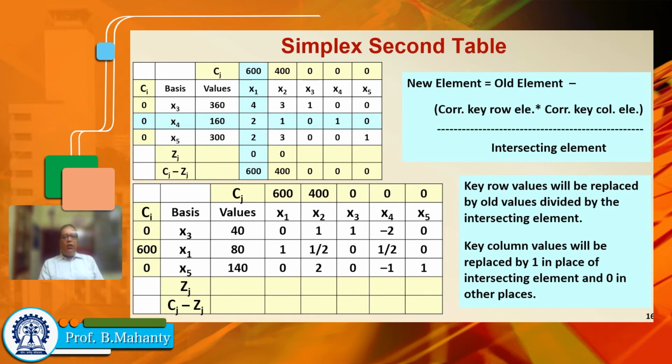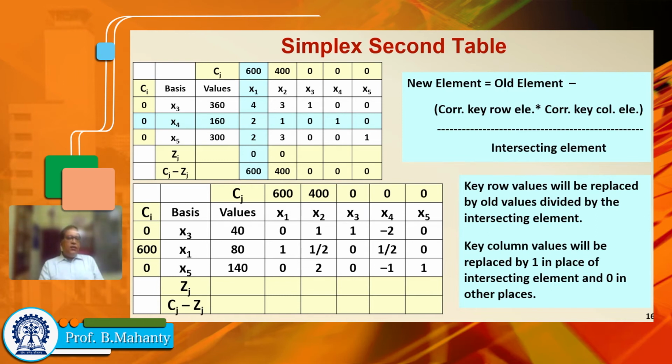Now about the key column. The key column intersecting element has already become 1, and the other elements therefore will become 0 and 0. Right, so we have then the key row and the key column taken care of. What about the other elements? So other elements, the formula is new element equal to old element minus corresponding key row element into corresponding key column element divided by the intersecting element.